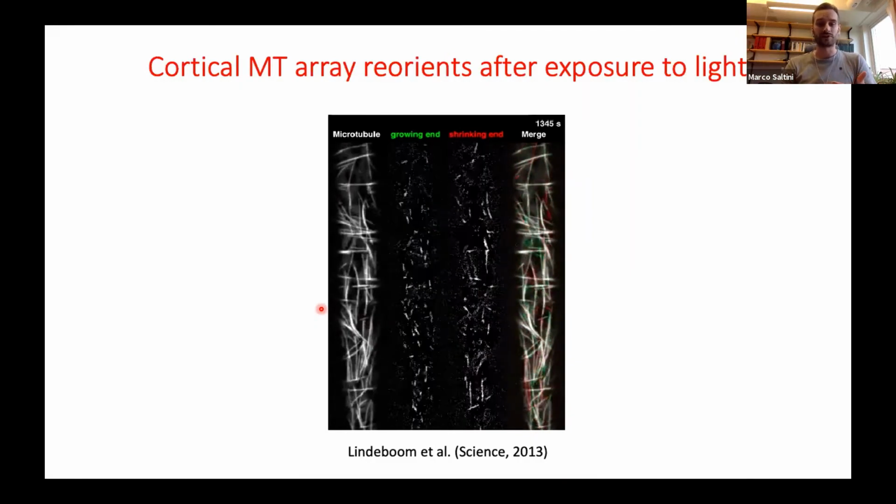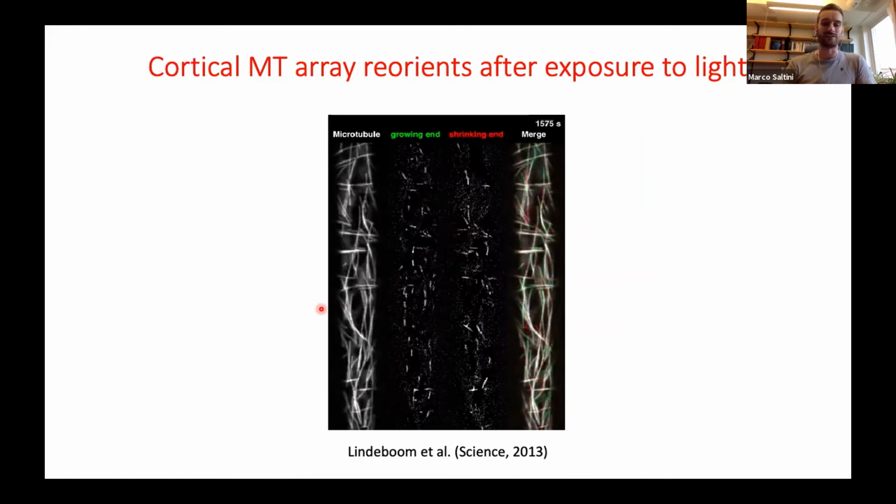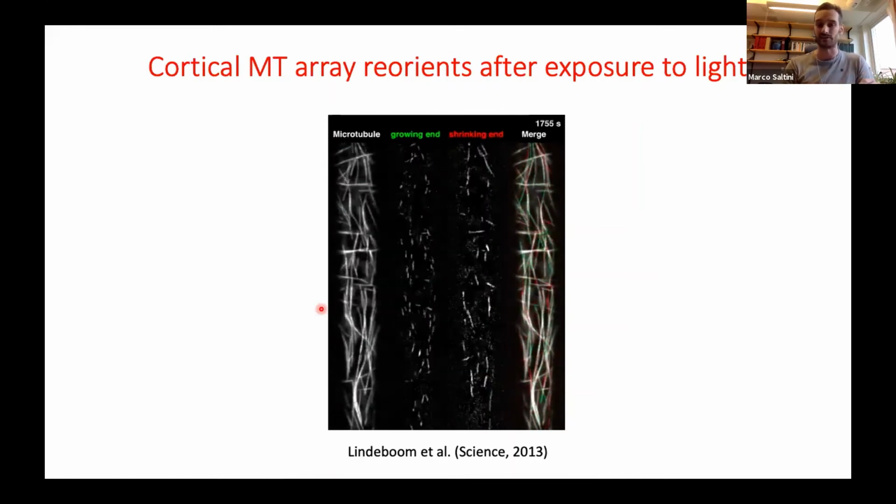Now, this reorientation need not be understood in a purely geometrical sense. It consists of the depolymerization and disappearance of the initial array, which is replaced by a new array in the opposite direction, the longitudinal one.